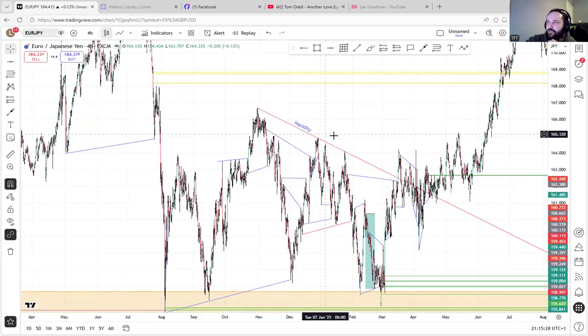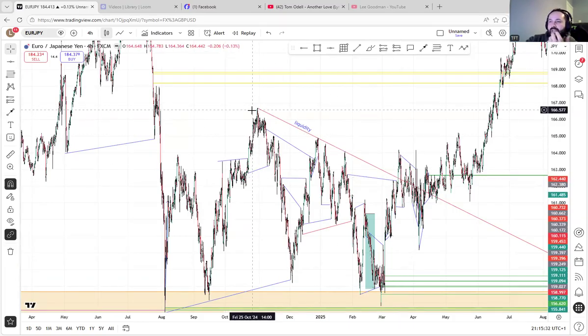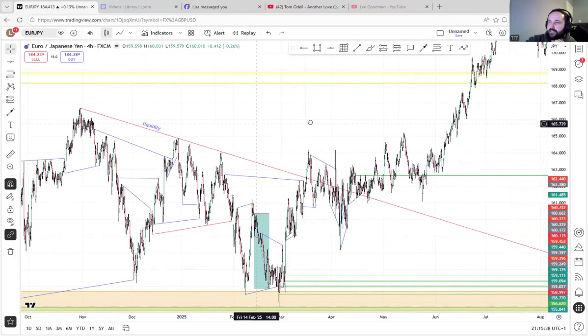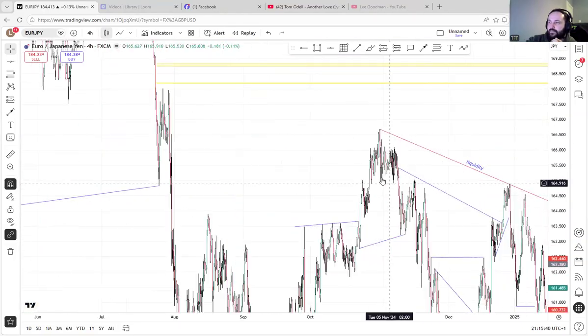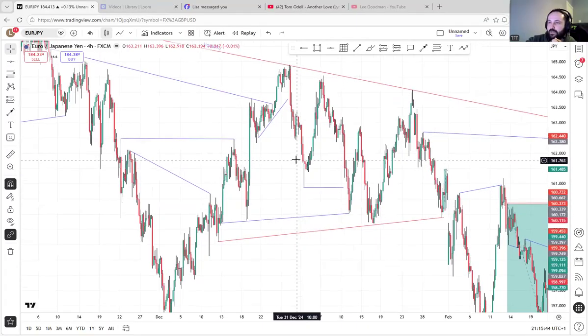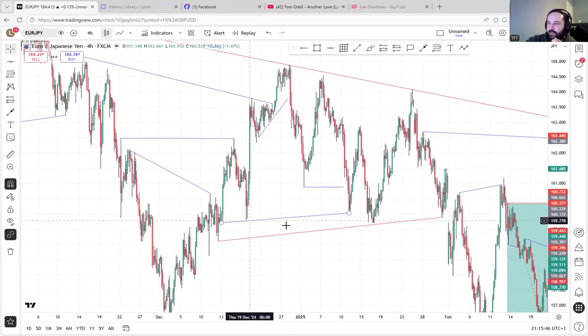So I mainly use trend lines because what a trend line is for me is at least three touches on price, and they have to be pretty much bang on in levelness. So what we get here is obviously 1, 2, three really clean touches here.